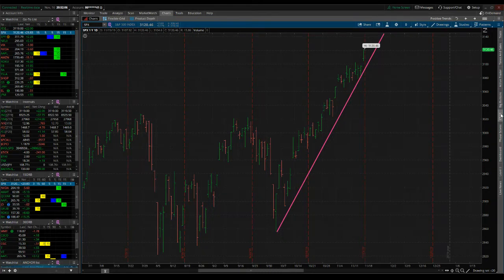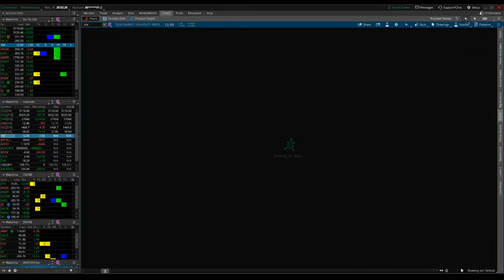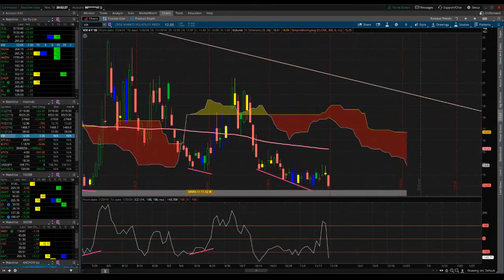Good. After that, we of course take a look at the VIX, and so let's go there. Check that out here. See how it's looking. Daily chart. Bearish. Pushing down here.